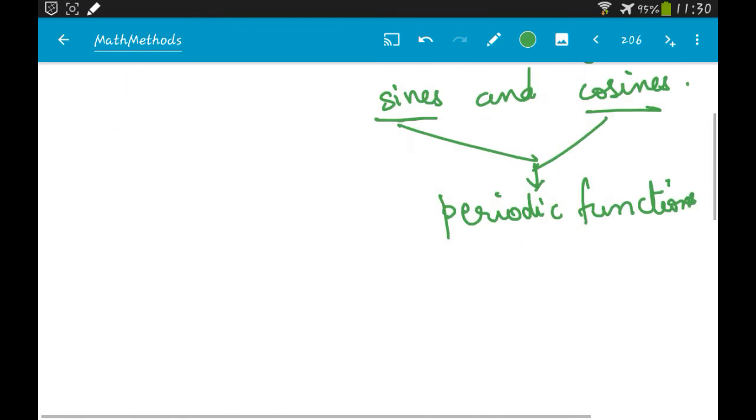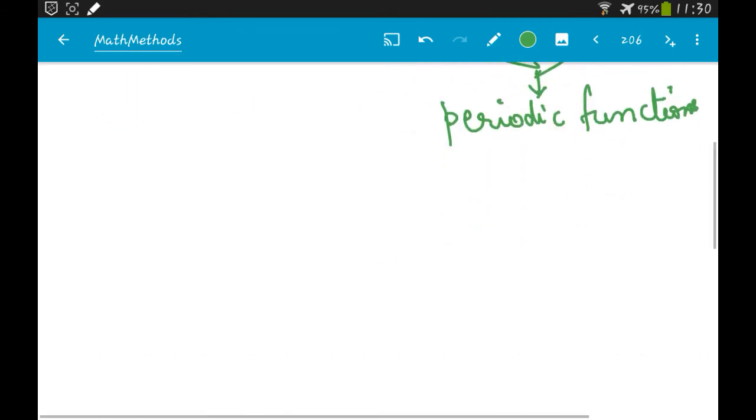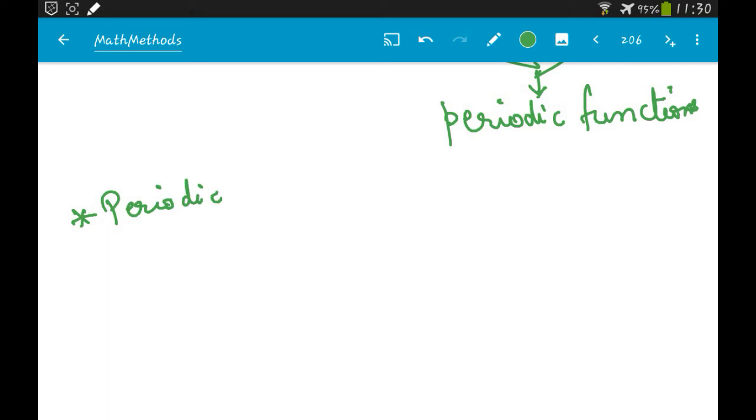So let's represent it pictorially. So let's represent a periodic function. So I'll give you examples of periodic functions, different types. So let's see.